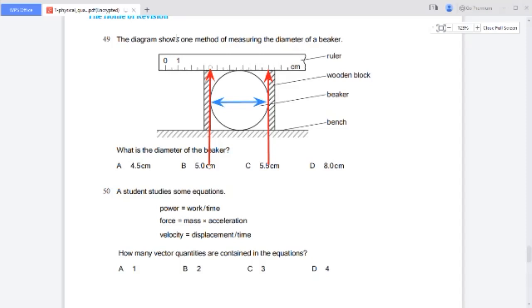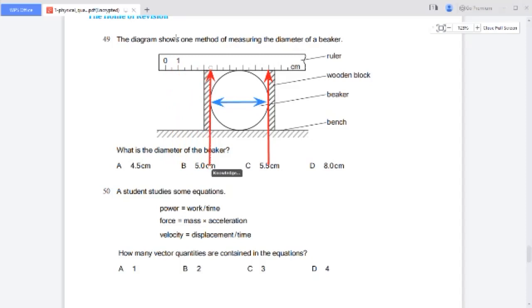What we are actually going to do is, suppose this is 0, see the pattern, it is 0.5, then 1, 1.5, then 2, 2.5, 3, and this is 3.5.